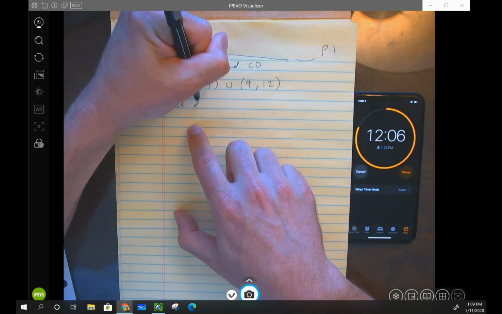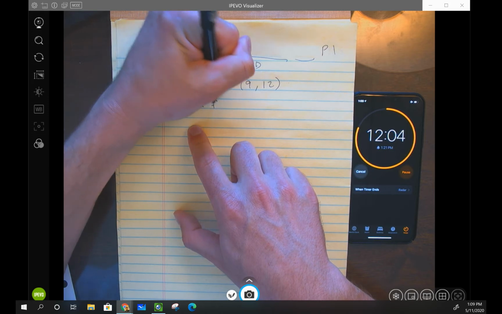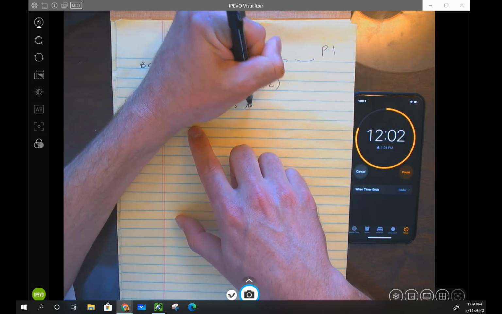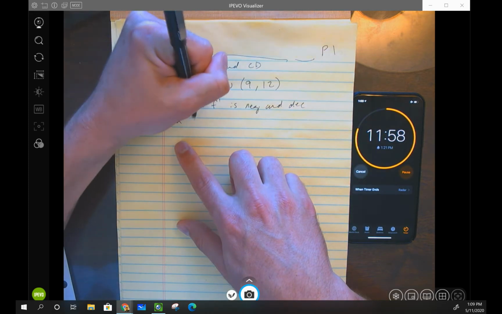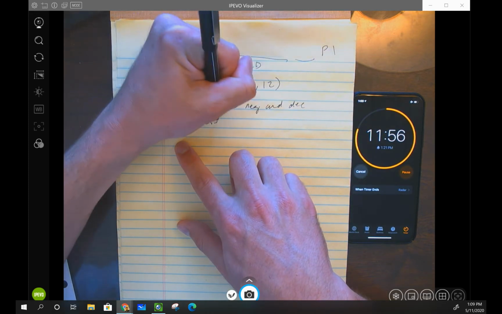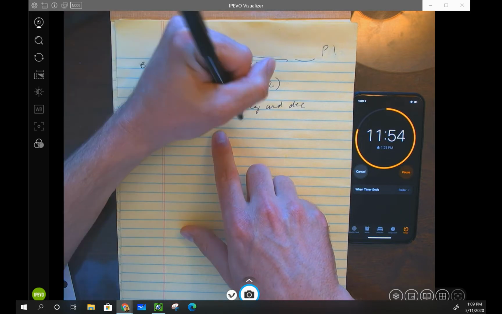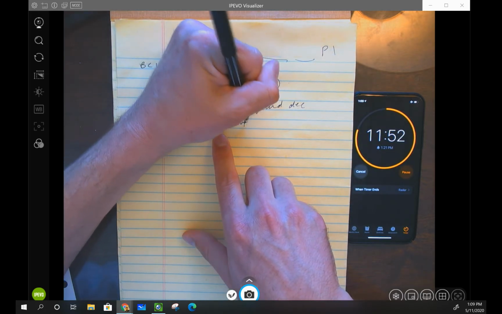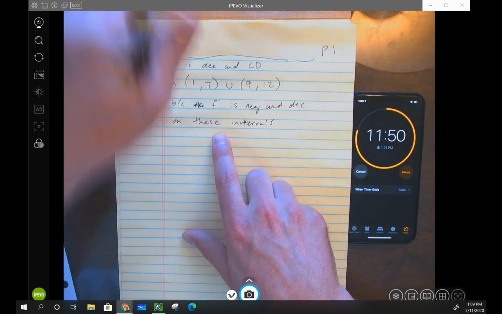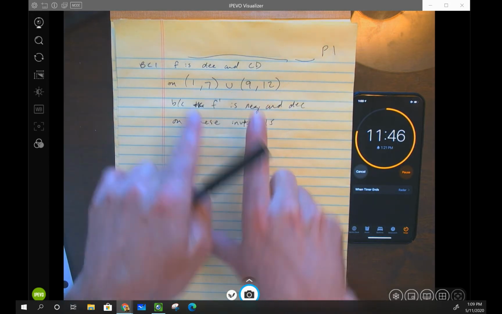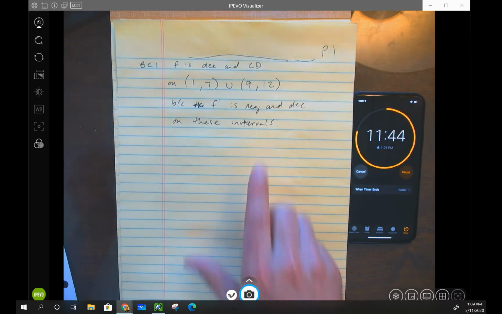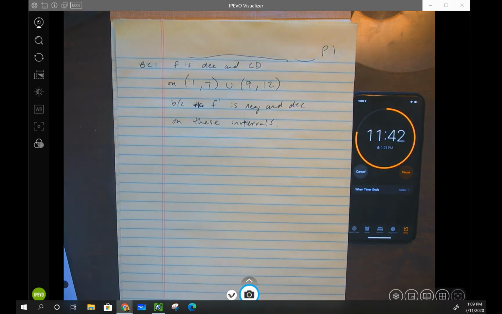Because f prime is negative and decreasing on these intervals. I think this is technically one interval because I unionized it. If you said "and," you'd say intervals. I don't think you're going to get a mistake with your grammar here.